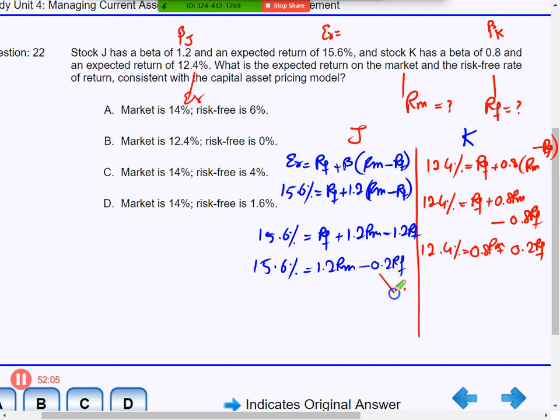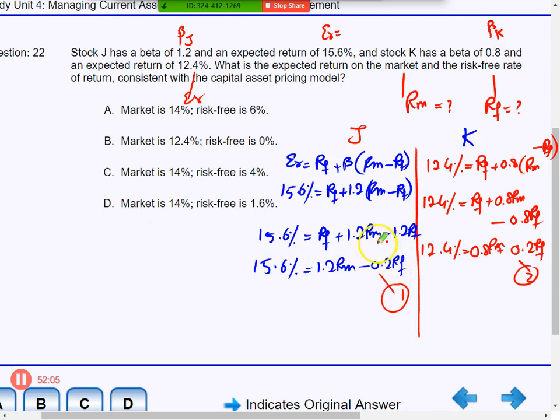This is equation 1. This is equation 2. So either you take equation 1, make RM or RF the subject of the equation, plug that number in your equation 2, or do the same thing from 2 to 1. Your choice. So let's say I'm going to take my equation 1 and make RF the subject of the equation.